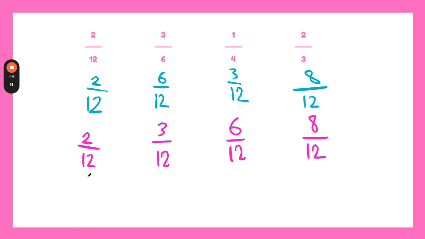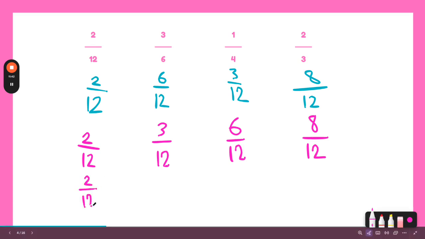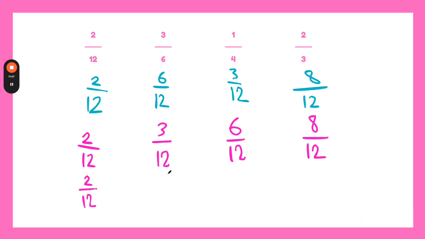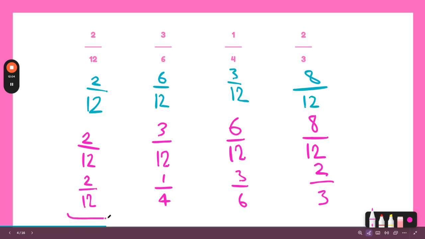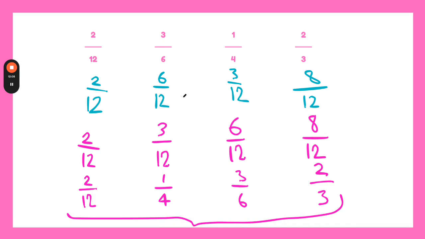So we can rewrite our list as the fractions in ascending order: 2 over 12, 1/4, 3 over 6, and 2/3. So this is how we would order these fractions from smallest to largest.